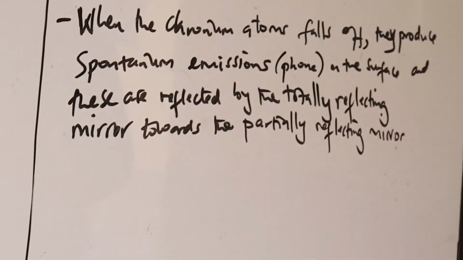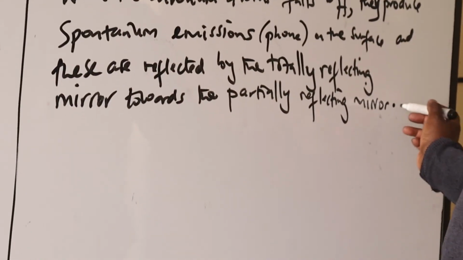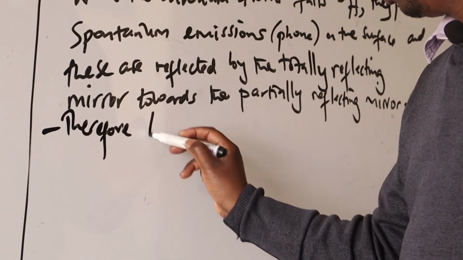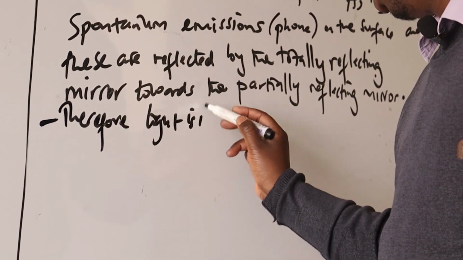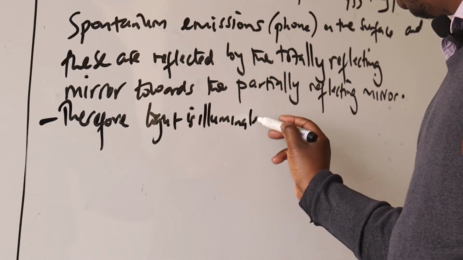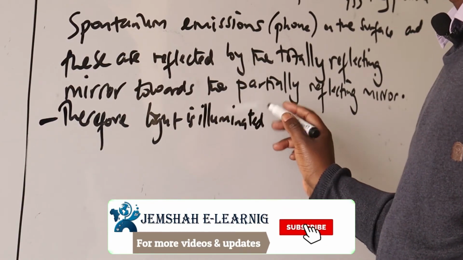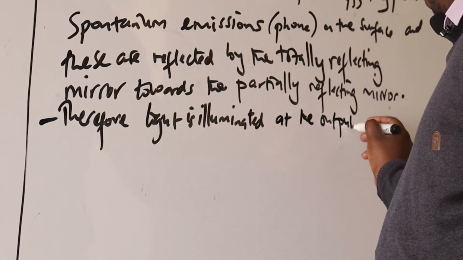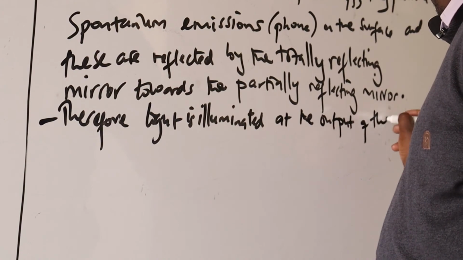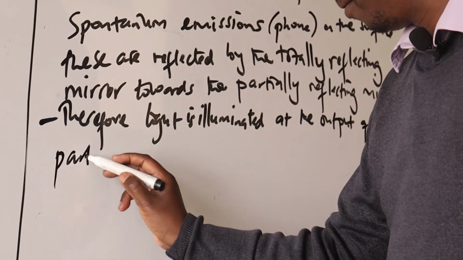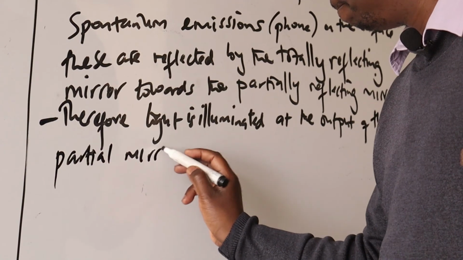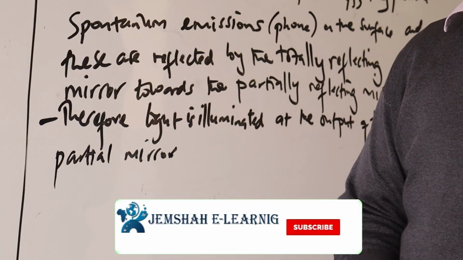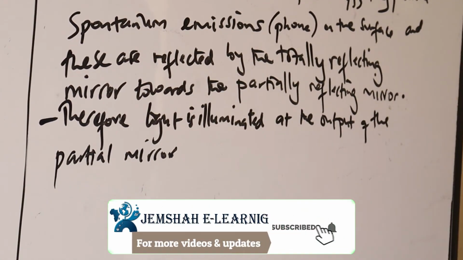Therefore, light is emitted at the output of the partial mirror. So this is what we need to know concerning the chromium atoms.